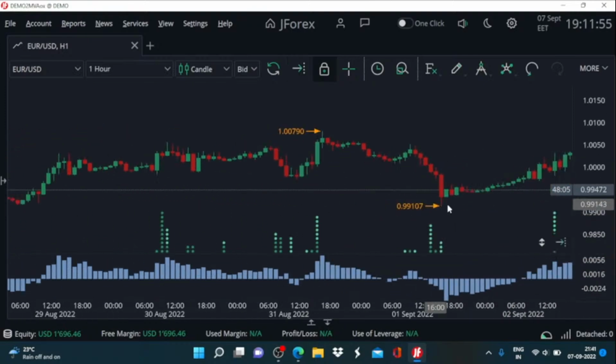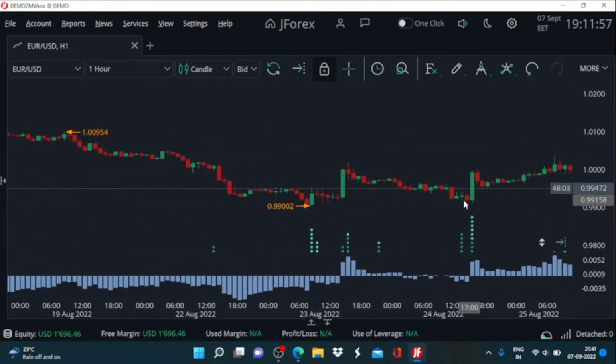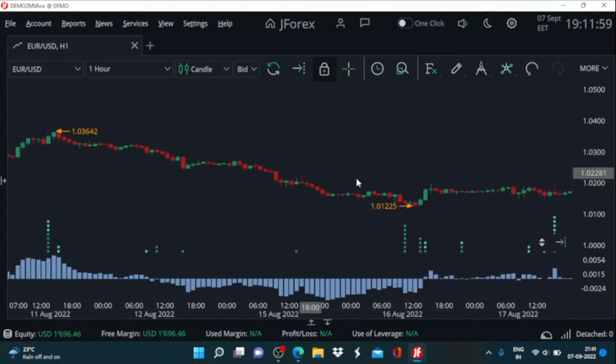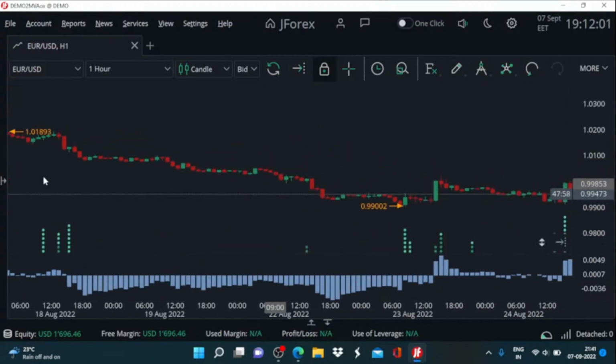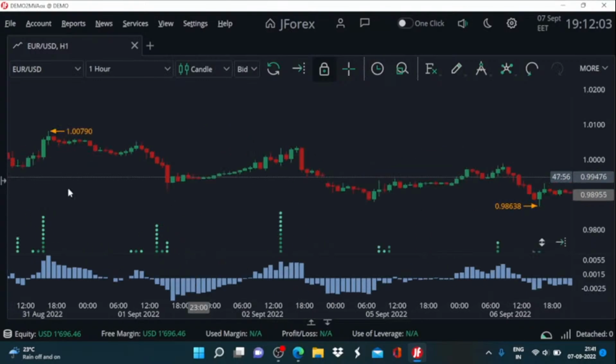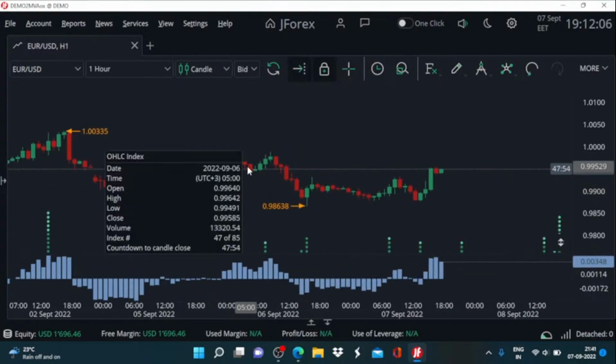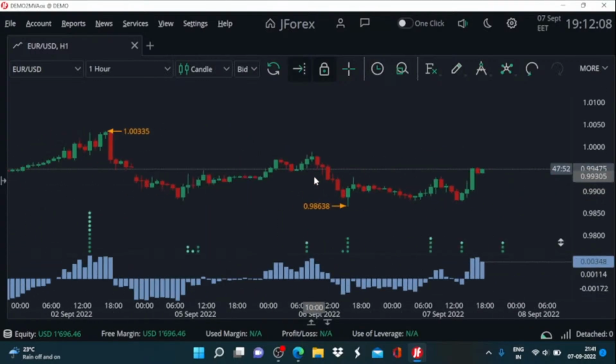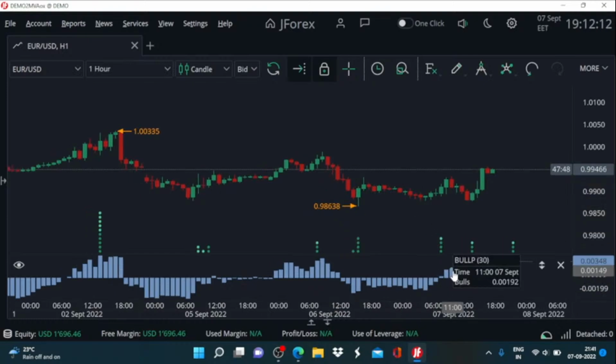So this indicator is going to give you the idea of changes in sentiments from bearish to bullish or from bullish to bearish. Both ways it can be utilized, even though the name only has bullish tendencies written all over it. All right.